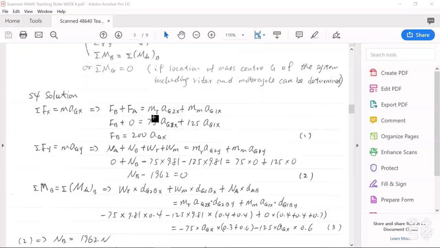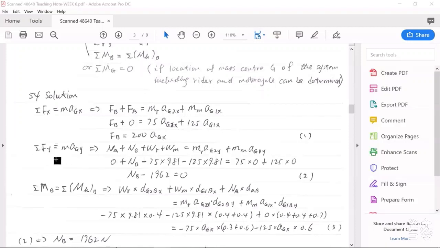On the right side, we have mr aG2x and mm aG1x. So actually these two, aG2x and aG1x, should be equal to aGx.